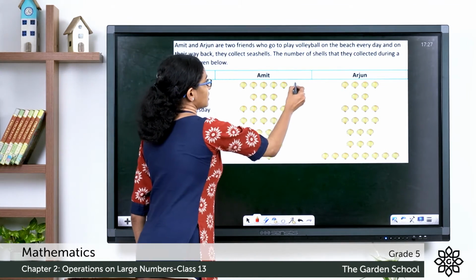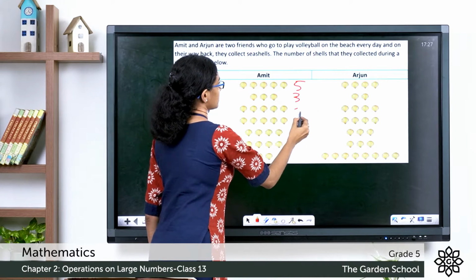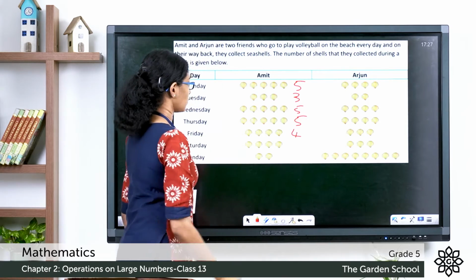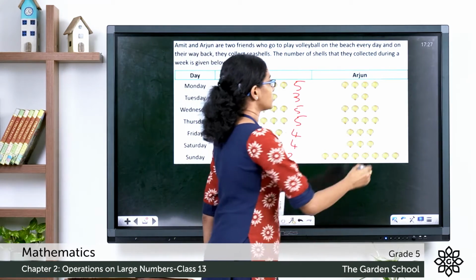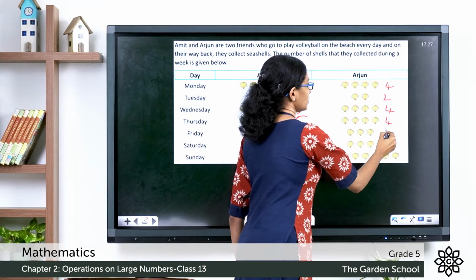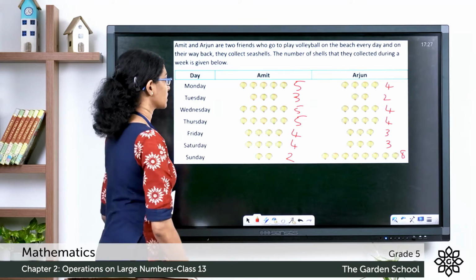So, Amit on Monday had collected 5, Tuesday 3, Wednesday 5, Thursday 5, Friday 4, Saturday 4 and on Sunday 2, whereas Arjun had collected 4, 2, 4, 4, 3, 3 and 8.